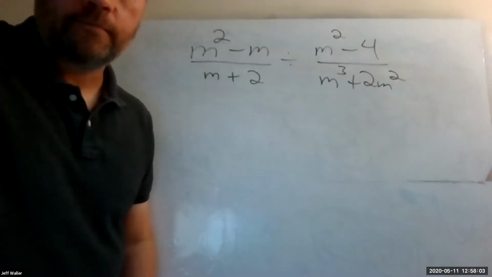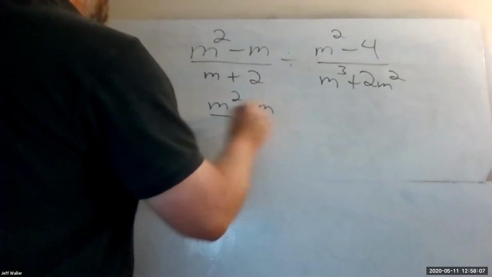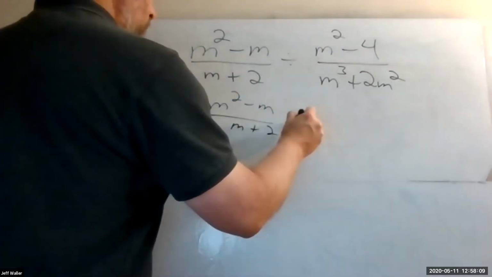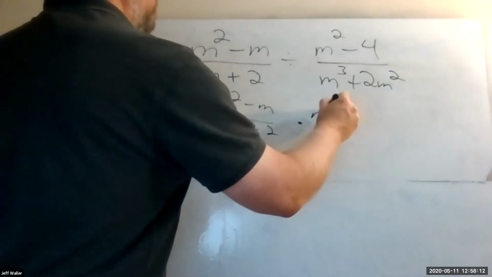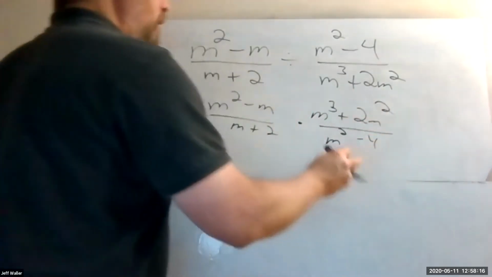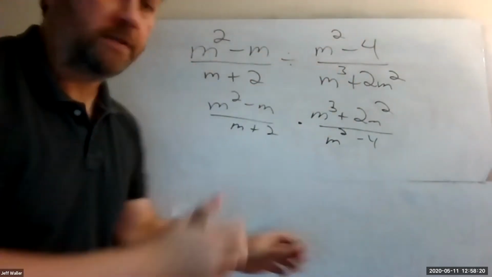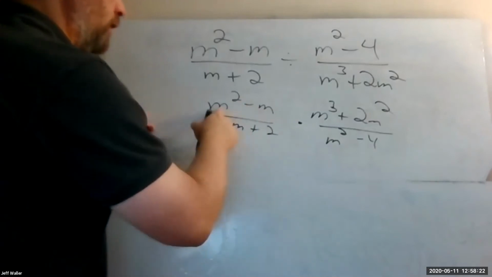So you flip m squared minus 4, and the first thing you do is m squared minus m over m plus 2 times m cubed plus 2m squared over m squared minus 4. And as you do that, you can factor things, so you're not writing as much, but still, then you factor this. How do you factor this?